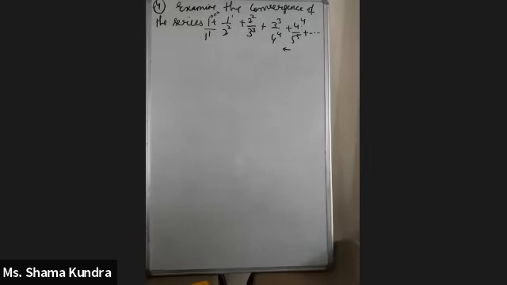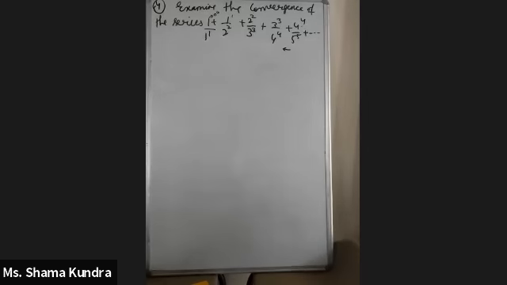Sometimes there are an infinite number of terms. If we neglect or omit any one term from an infinite series, or if we add any one term in an infinite series, it will not affect the convergence of the series. Getting my point?